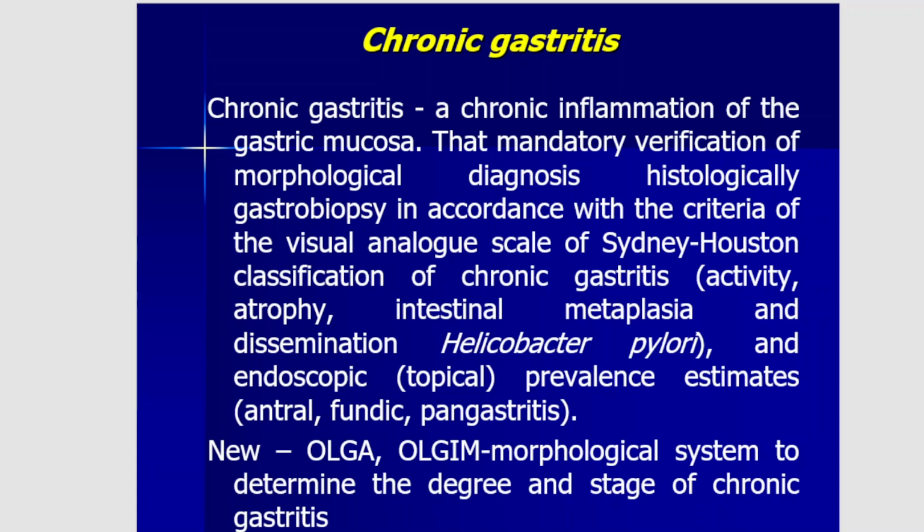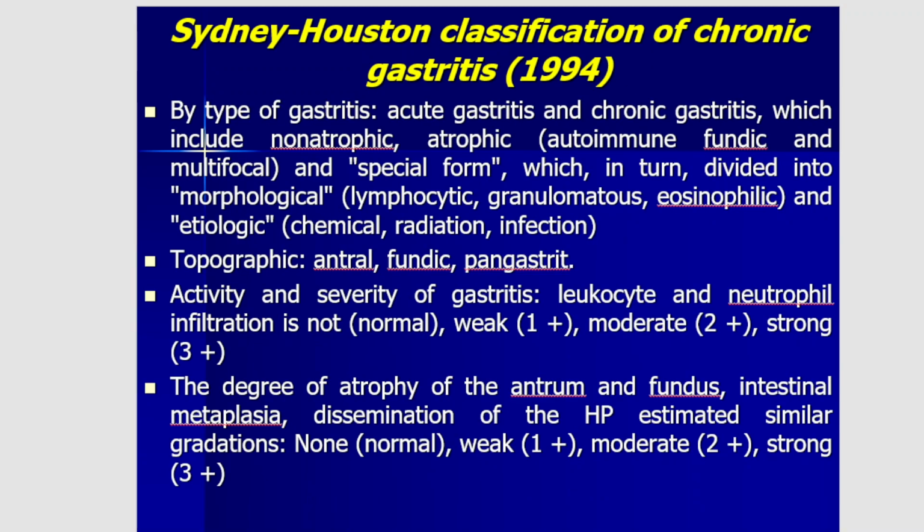Classifications include morphological variants: OLGA, operative link on gastritis assessment, and OLGIM, intestinal metaplasia assessment, morphological systems to determine the degree and stage of chronic gastritis.